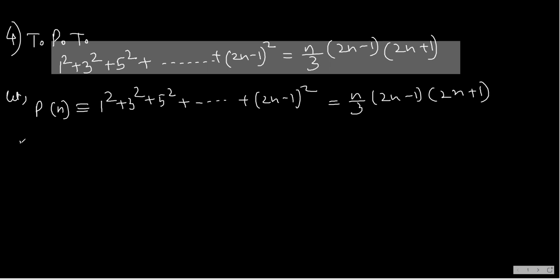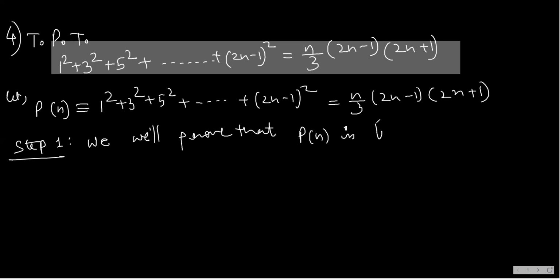So what is the first step? Step 1, we will prove that P of n is true for n equals to 1. Don't say we will find that, no, we will prove that this is true for n equals to 1. That is P of 1. Now see, when n is 1, you get the first term. And what is the first term? 1 square.